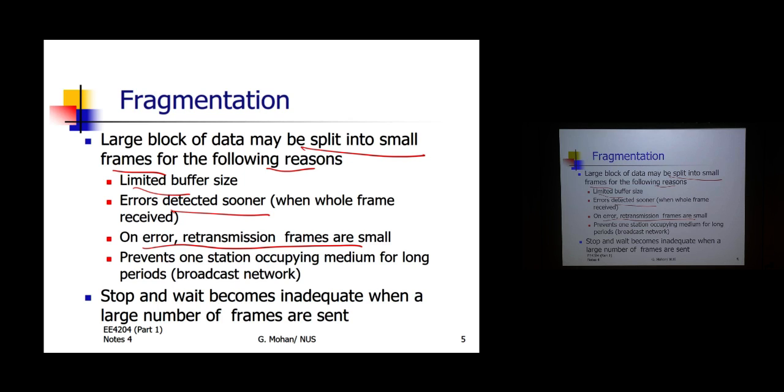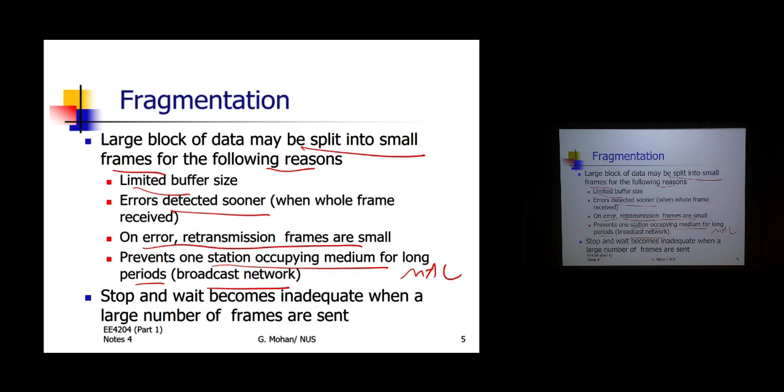Then in the case of MAC, this is for a broadcast network. It prevents one station from occupying the medium for a long period. When there's a broadcast medium and more than one station tries to transmit, let's say one is successful and is transmitting its frame. Normally, as soon as one starts transmitting, the others, if they know about the transmission, will not stop it. It will complete its transmission.